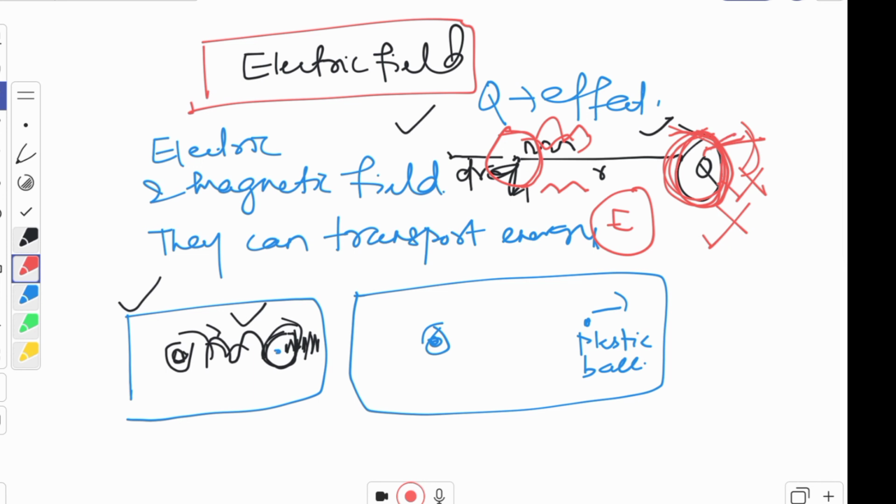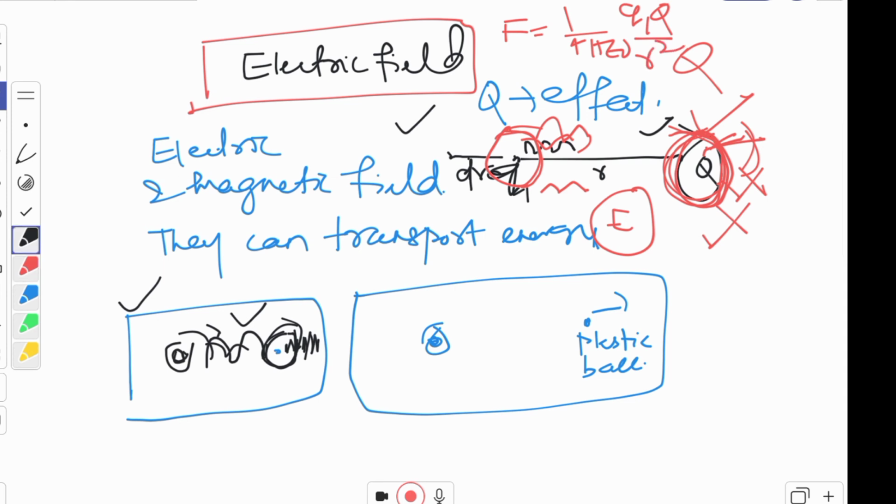But if this Q charge is not over here, will this electric force be there? We know the mathematical expression we have studied: the force is 1/4 pi epsilon naught Q1 Q by R square. But what is the electric field over here?